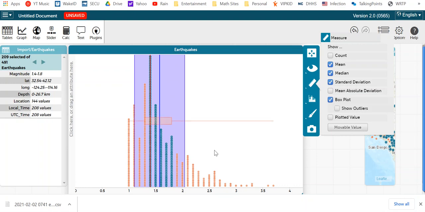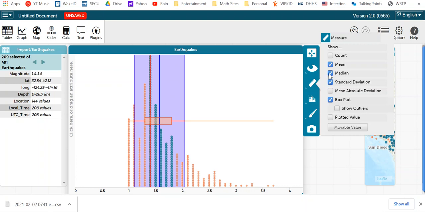So here you've got to wrestle with the idea of, do I want the box plot to represent my middle, or do I want the standard deviation to represent my middle? I don't know. And either one, there's an argument either way. There really is.